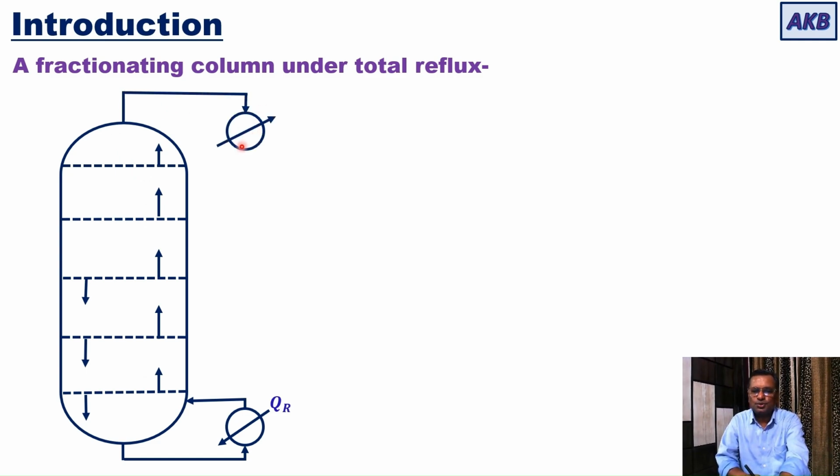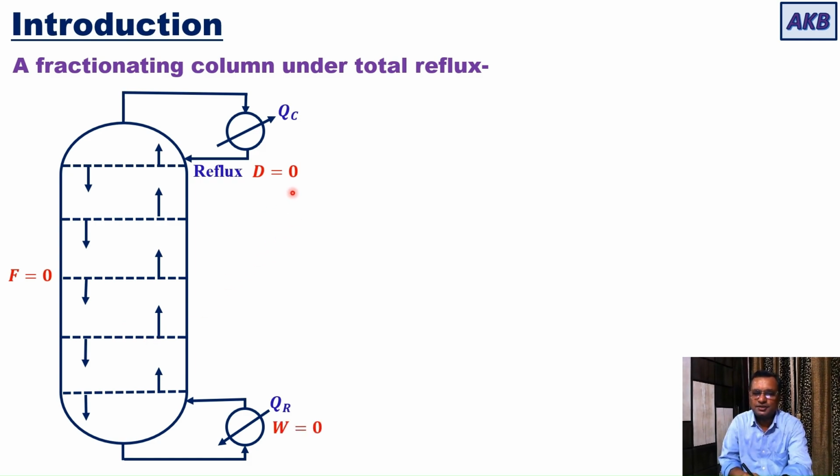Then it is removed from the top and taken to a condenser where the vapors are condensed, and all of the condensate is returned to the column as reflux. Then the reflux flows down and joins the other liquid in the column. So in this way, when the column is operating under total reflux, there is no feed to the column, because initially enough feed is given to the column.